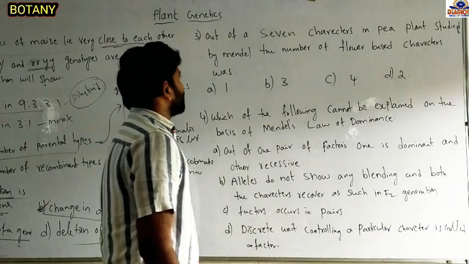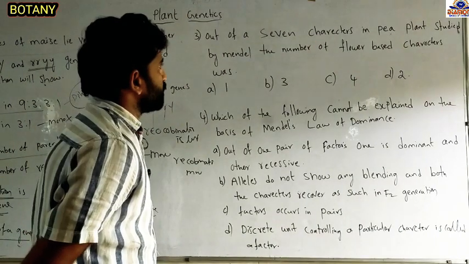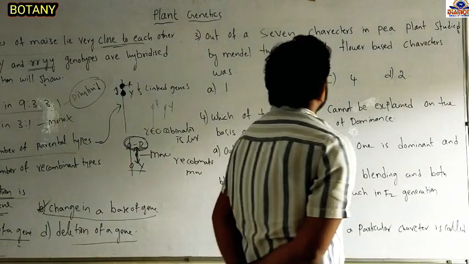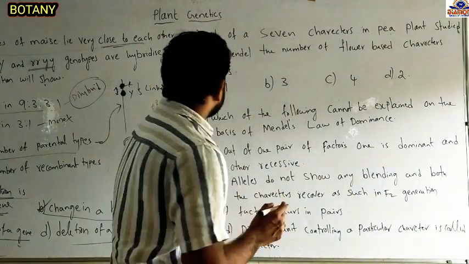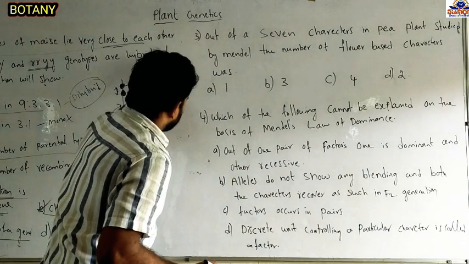The next question: out of the 7 characters in the pea plant studied by Mendel, the number of flower based characters. Mendel studied 7 contrasting characters in the pea plant.